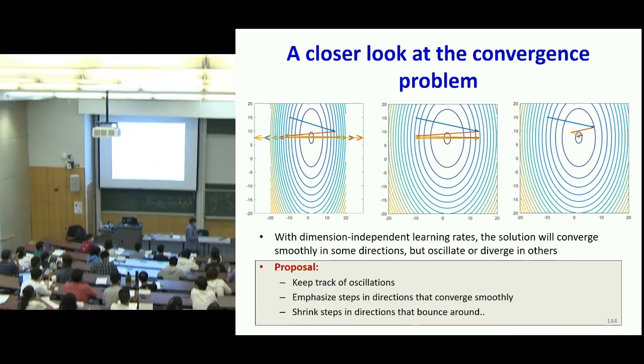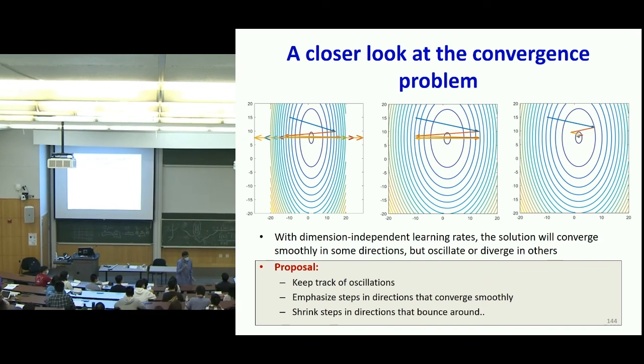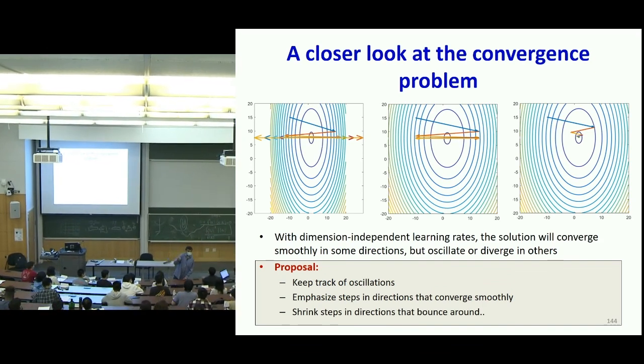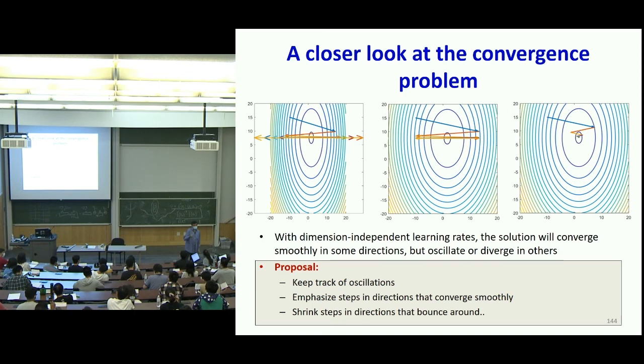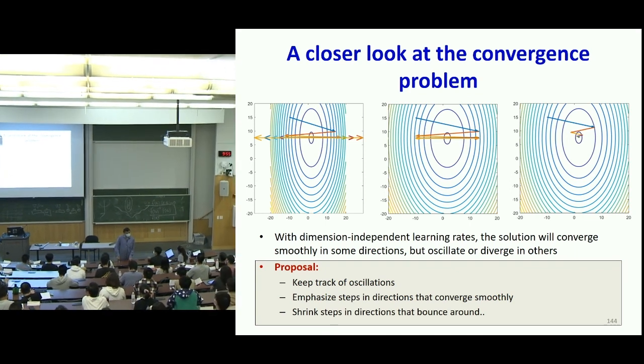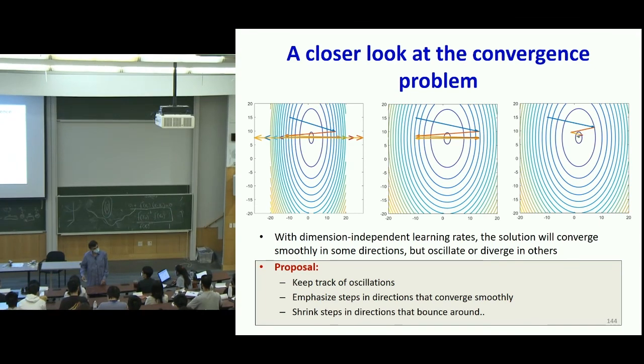And so you want a strategy that looks at how these things, this is following up on the rprop philosophy, correct? You want a strategy that looks at how the derivative has been behaving in each direction in the past few iterations. And in order to figure out what best to do, you're going to emphasize steps where the derivative has been behaving nice and consistently.